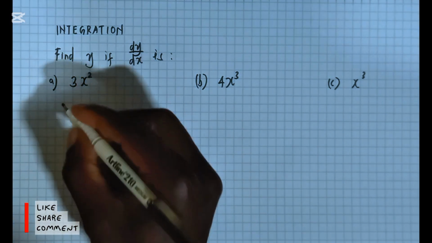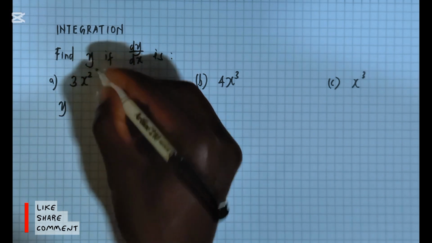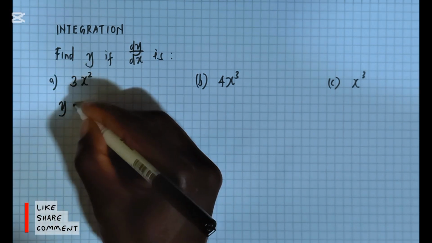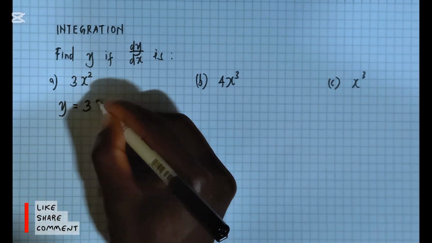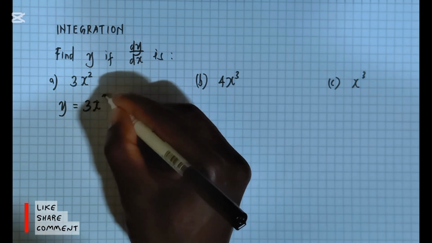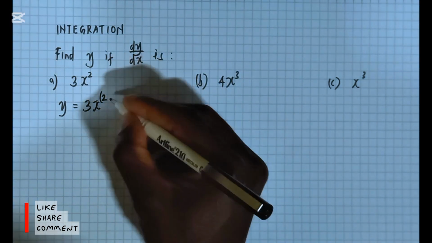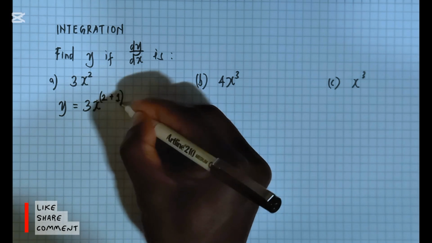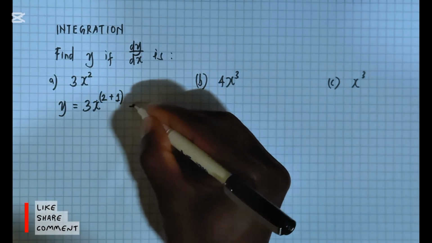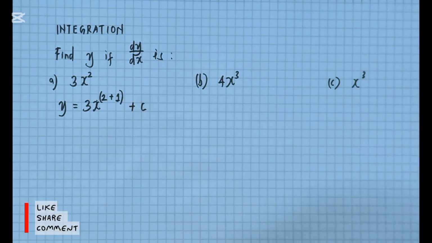To do that, the value of y, which we are trying to find here, is equal to 3x raised to 2, and whatever we have in the power, we add 1 to it, plus 1, and we add a constant to the polynomial y.